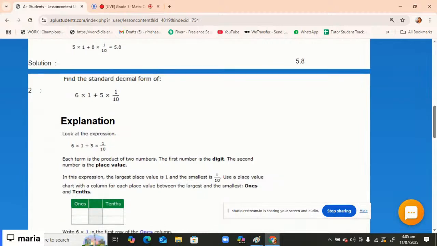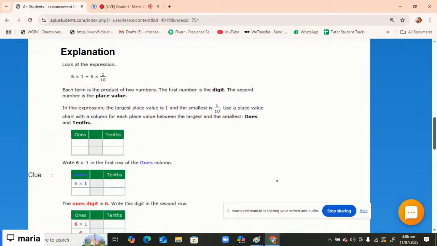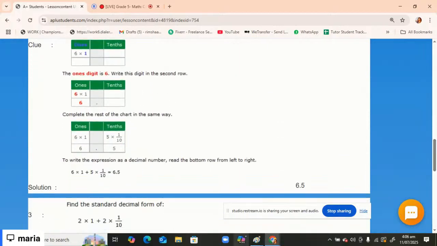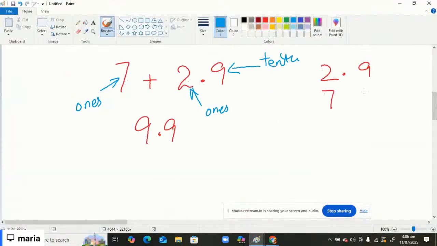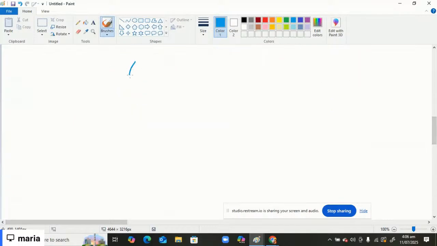So now let's do this one. 6 times 1 plus 5 times 1 by 10. Again we are doing the same thing.